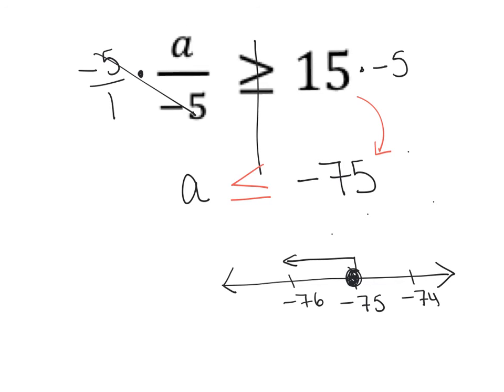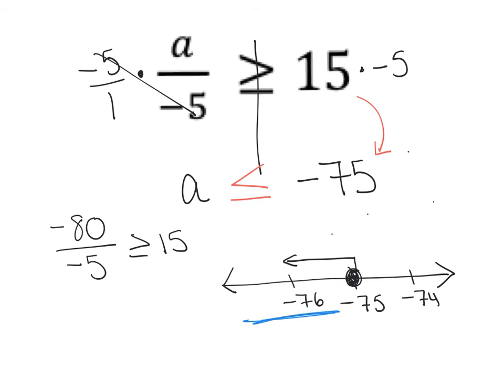So here's another reason this happens. Remember, our solutions are on this side. So if I plug in a solution, let's do -80. So -80 over -5 is greater than or equal to 15.